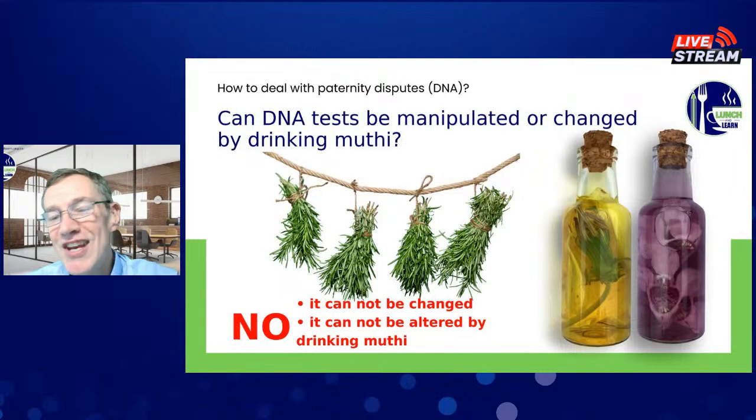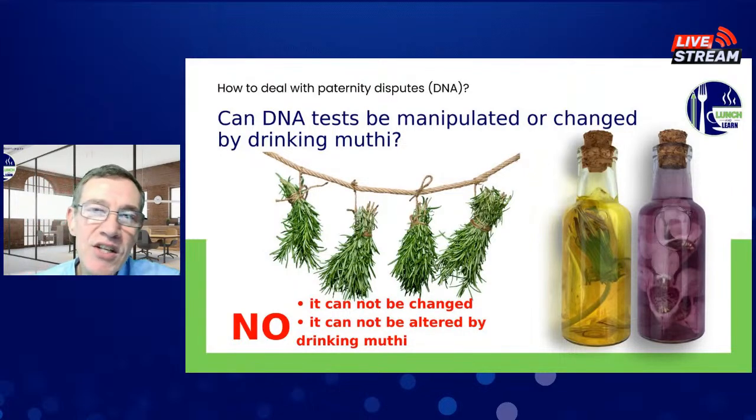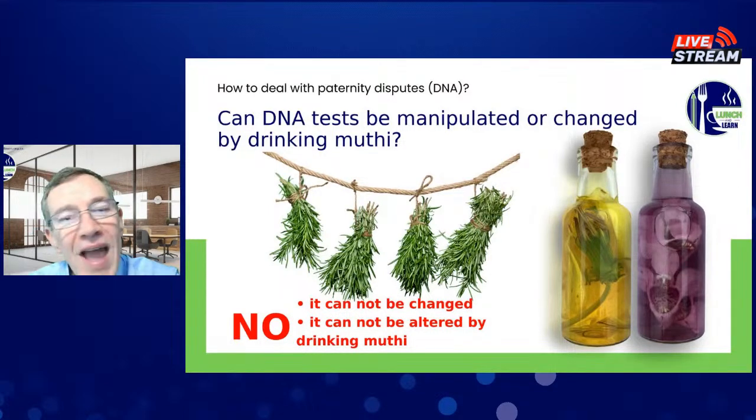The genetic altering of DNA by creating cells and so forth has been done in laboratories, but not very successfully. But for all practical purposes, in terms of South African legislation, there is no way.